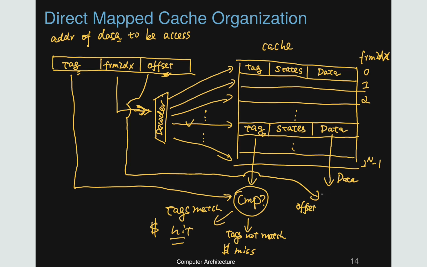Then we use this offset to select the part of the data that is being requested from the whole cache line. Then we finally extract the requested data, and we're going to return this requested piece of data back to the processor, back to the CPU for computation.